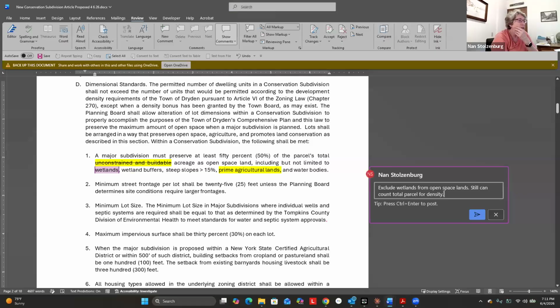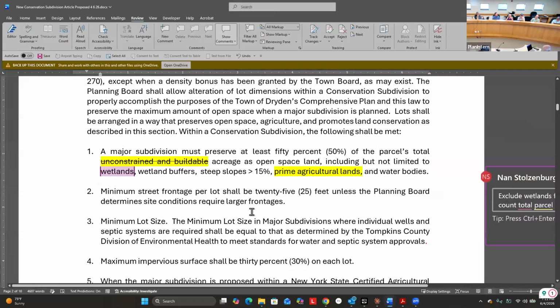So here it is right here. Yep. The yellow part is what we have currently: a major subdivision must preserve at least 50% of the parcel's total unconstrained and buildable acreage as open space land.